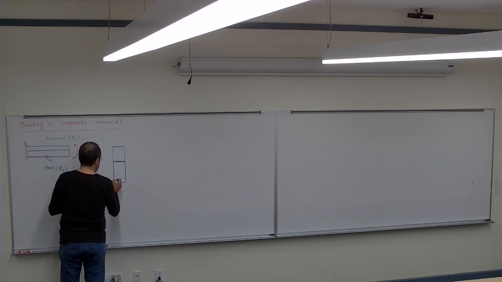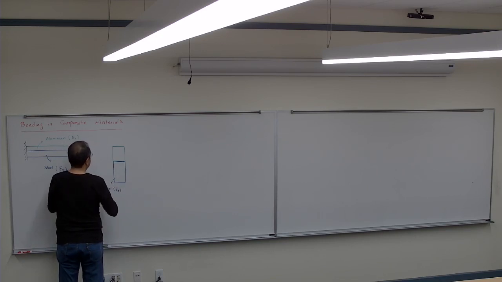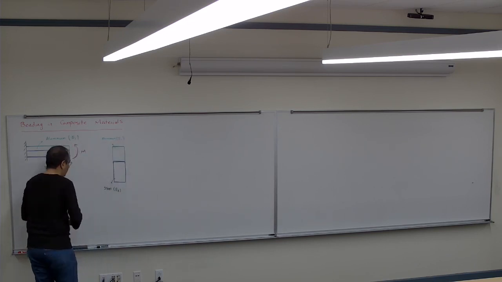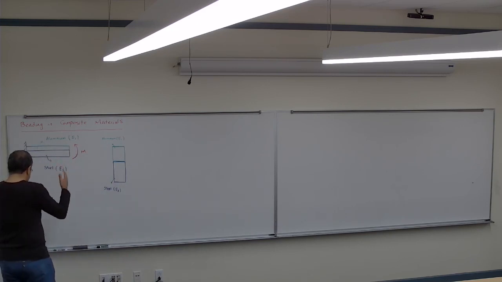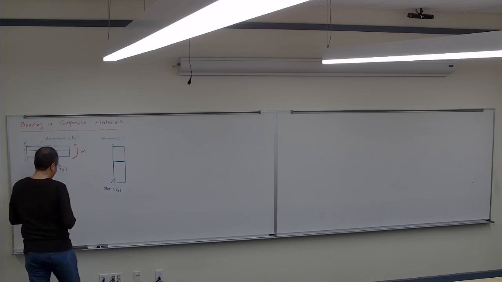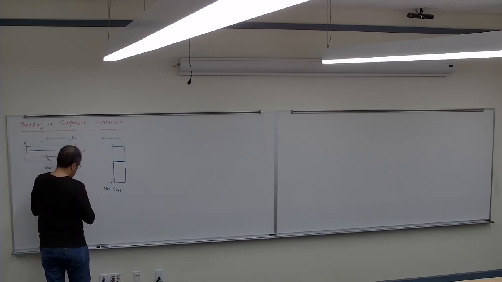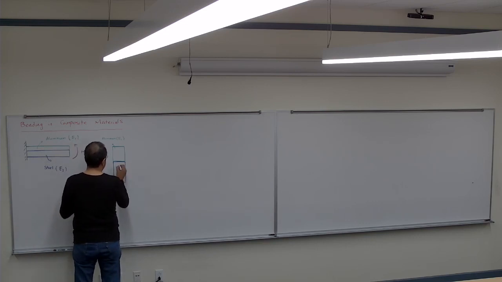Again, this part is steel, E2. If I say the centroid for this shape, assume the centroid is somewhere here. Assume this is the centroid.